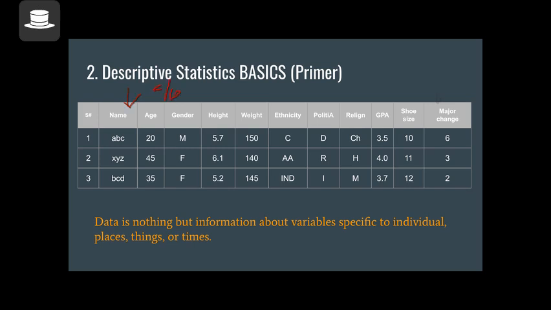So identifying each column that you're trying to analyze, whether it's a C or a Q, gives an important insight into how you can analyze it. In other words, how you can summarize it. I hope this makes sense. And in the next few slides, we'll talk about, well, what if the column is a categorical variable? How can we summarize it? Then we'll talk about what if the column is a quantitative variable? How can we summarize it? And we'll do that in that order.